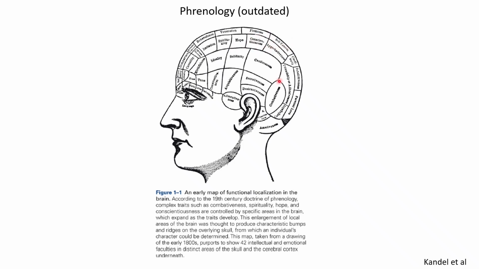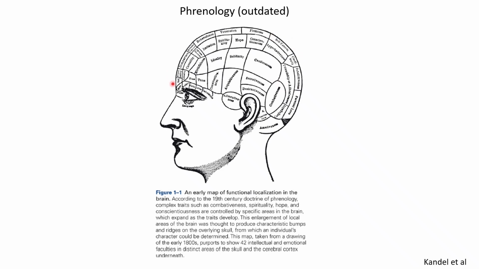Now, these maps were based on a small number of subjects, and perhaps they looked fine or reasonable at the time that they were made. But over time, we now know that these maps do not really hold true. It is not really the case that people who are hopeful tend to have a bump in this part of the skull in most of these people. So this idea that you can find aspects of personalities in different bumps over the skull does not really hold true now.